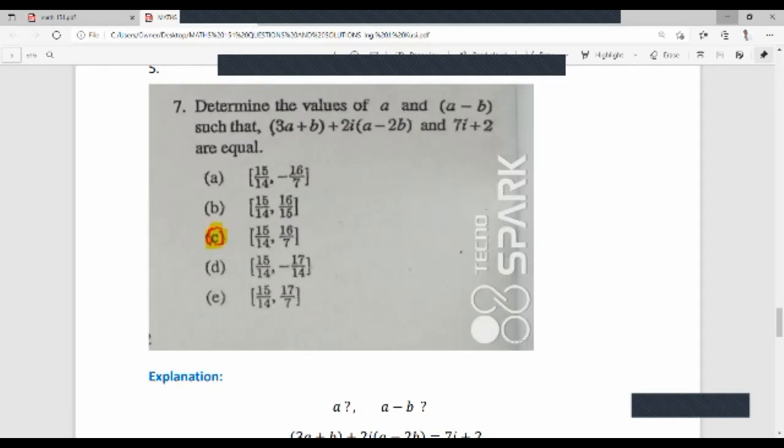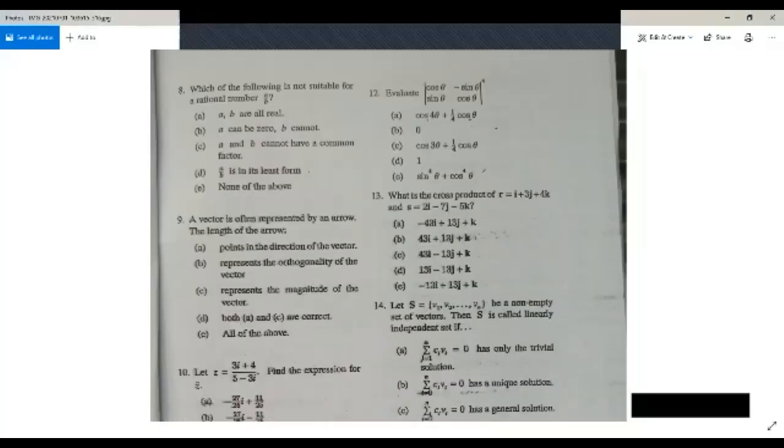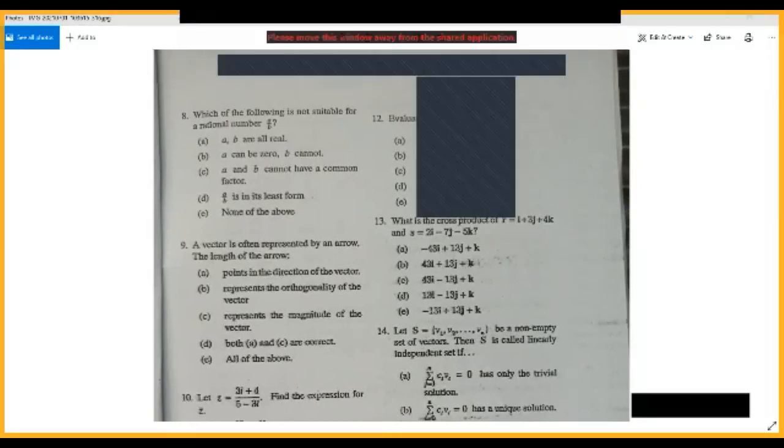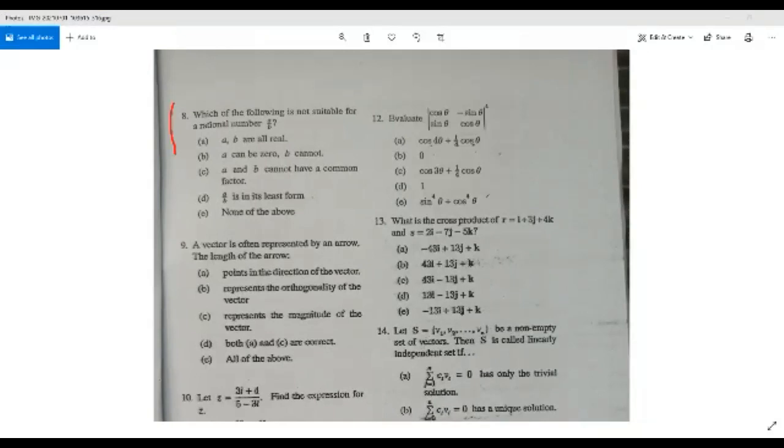The 8 has not come. Okay, good. So I'm going to share something for you to see. Can you see it now? Yeah, I can see it well.